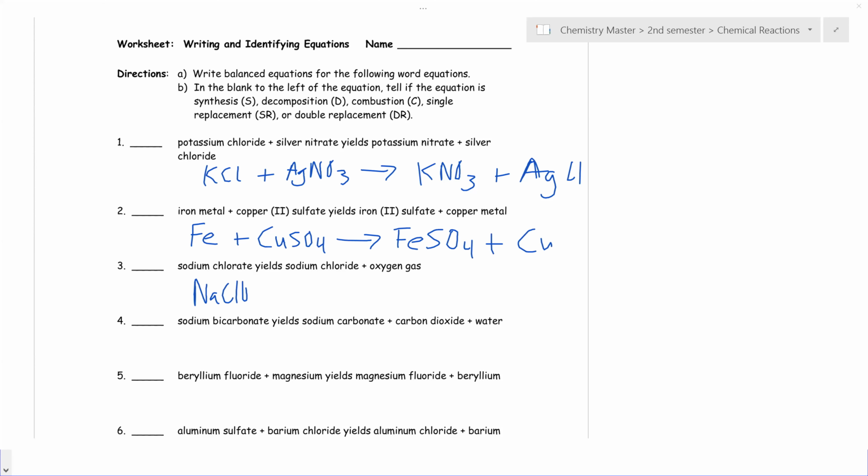Anybody got it? For number 2, this was double. Would that also be it? No, wait, never mind. That's gonna be a single. Very nice. Josh said it as well. This one is single. Iron's all by himself, then copper and sulfate are dating, and then they switched.